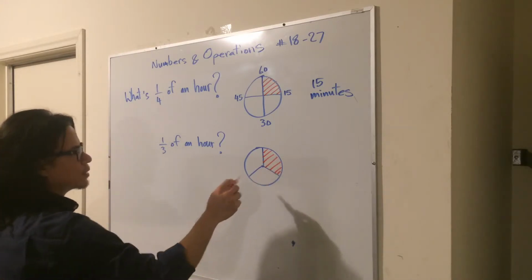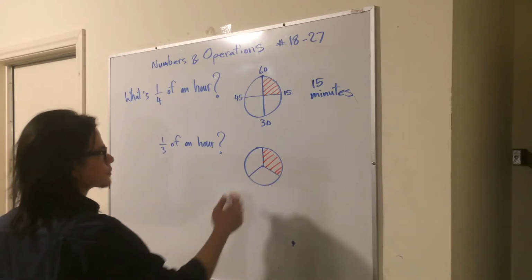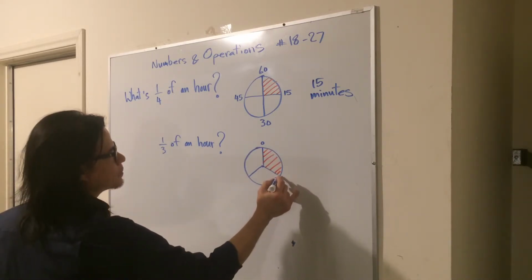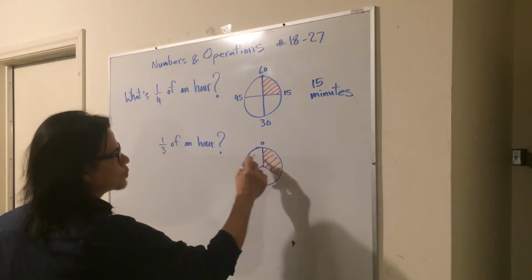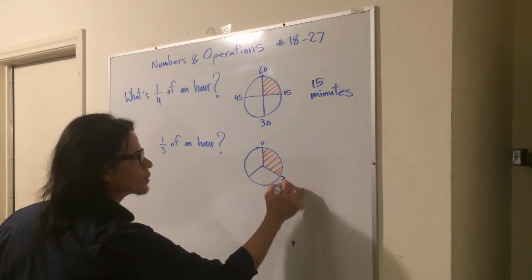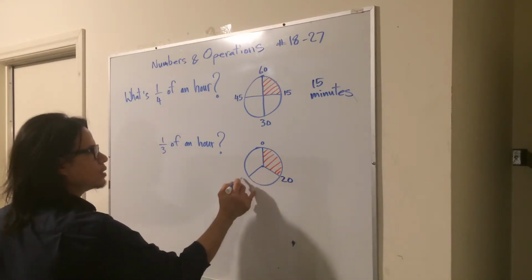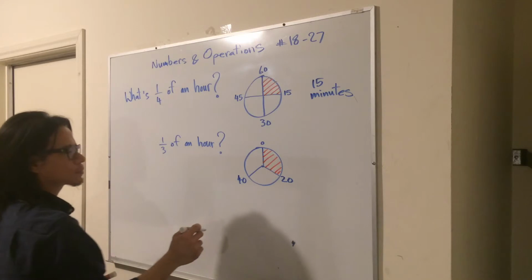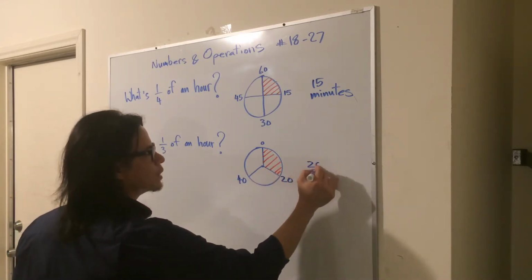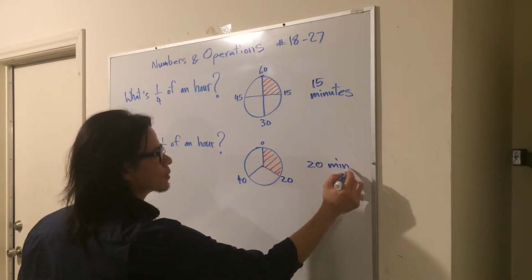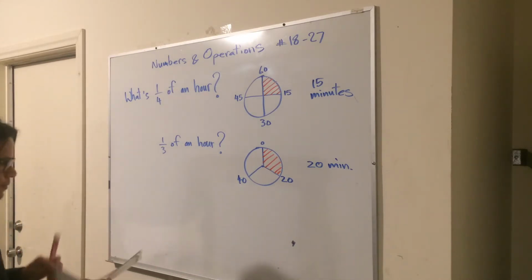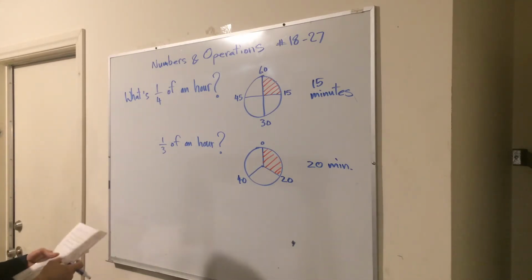How many minutes do you think that is? That's 0 minutes up to here. If you were to divide 60 into 3 pieces, you would get 20. So another 20, you would get 40. So 1/3 of an hour is 20 minutes. I'm just setting you guys up for our ultimate question here.